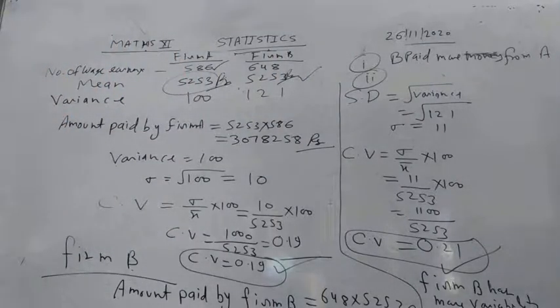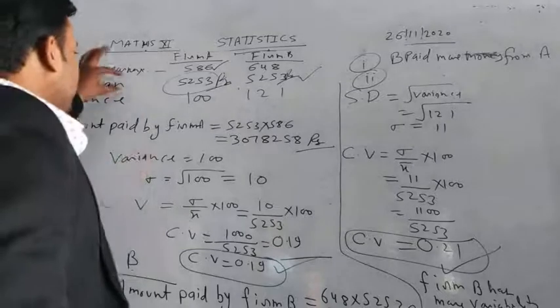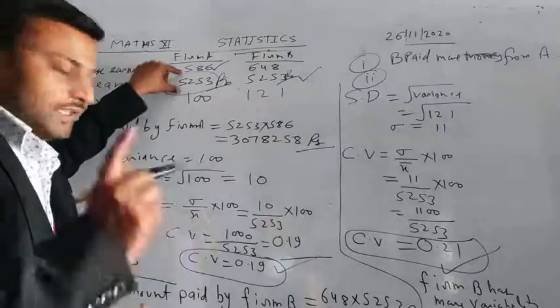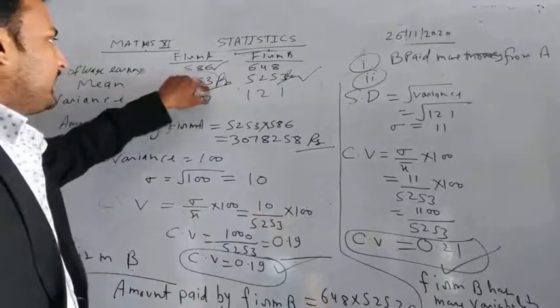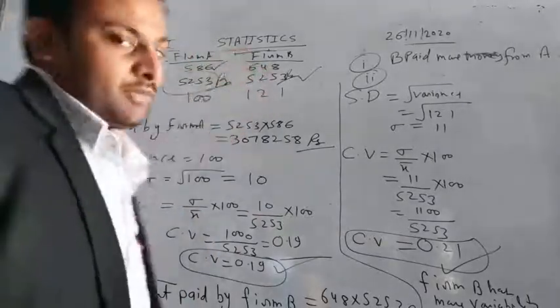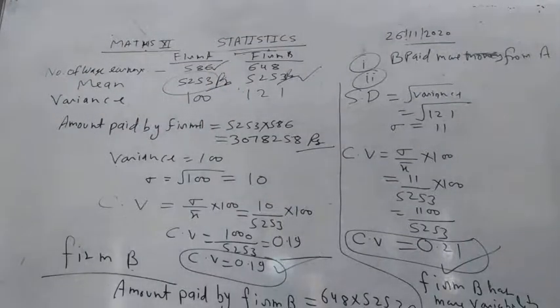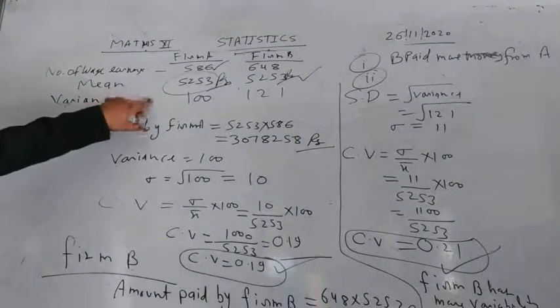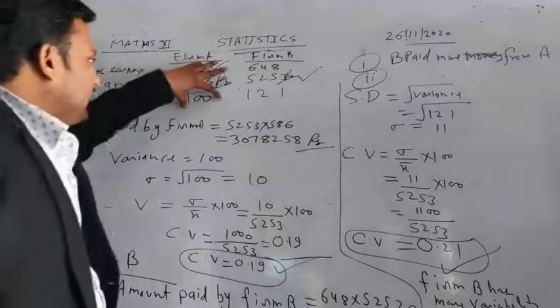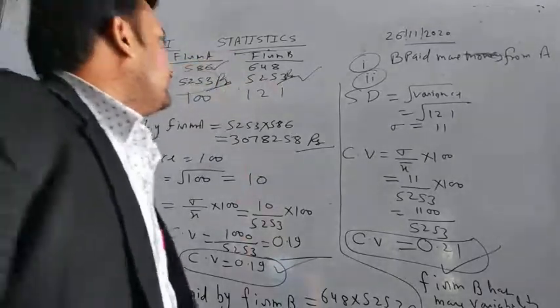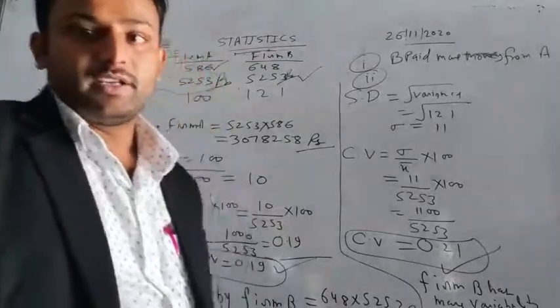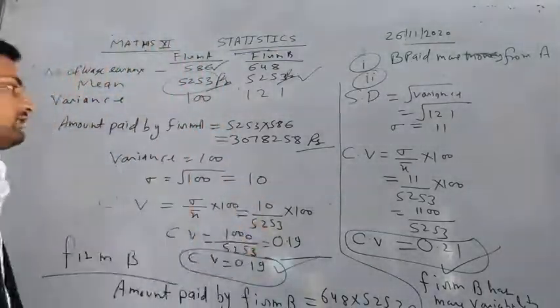And the mean of the monthly wages is nearly 5,253 in both firm A and firm B. And the variance of the distribution of wages is nearly 100 in firm A and 121 in firm B. This is the information which is given.